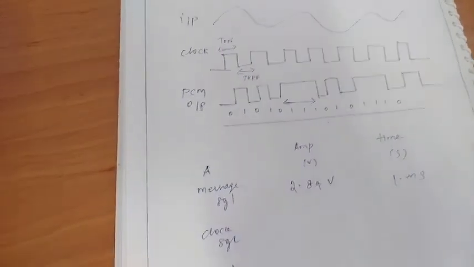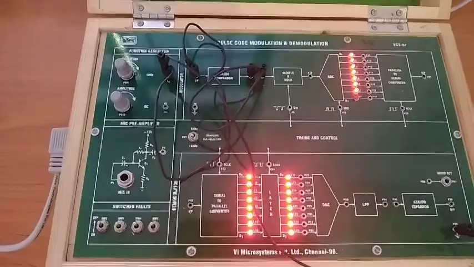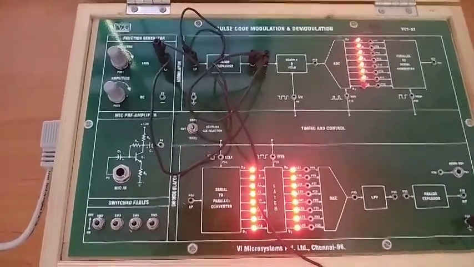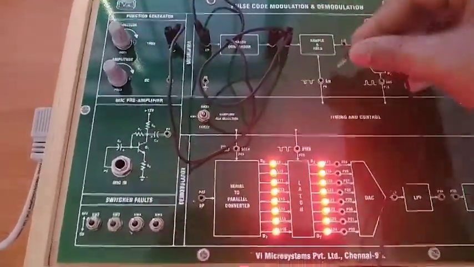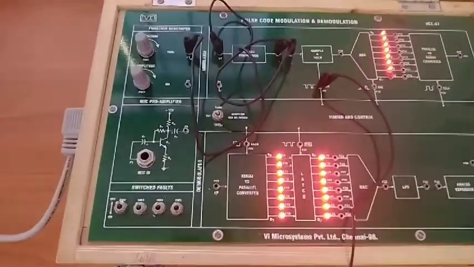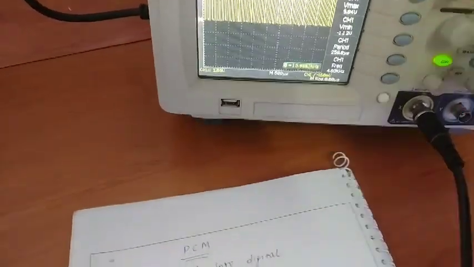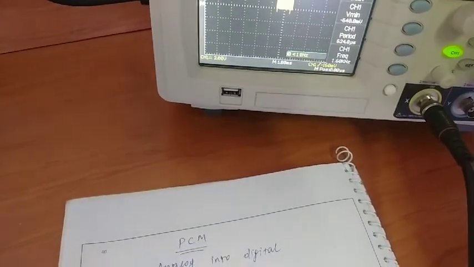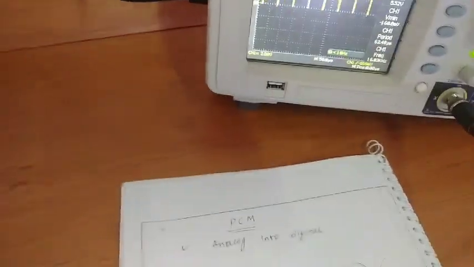Next, we are going to check the clock signal value. Here we measure the clock signal value by means of port 9. So this is your clock pulse output.